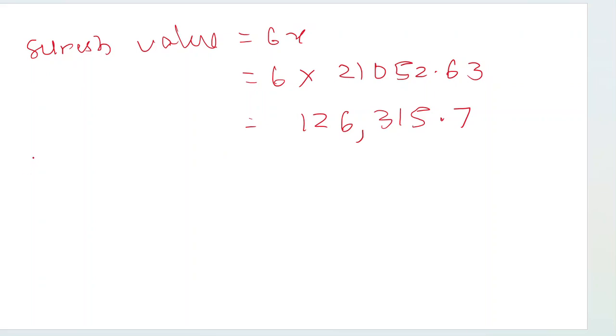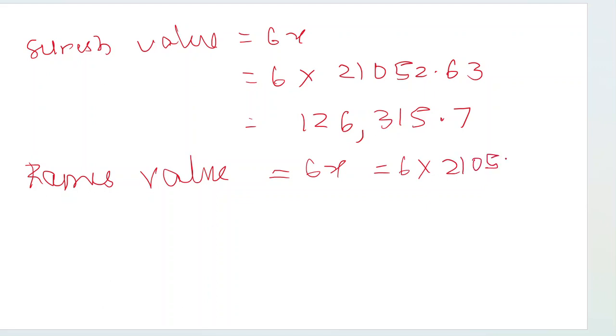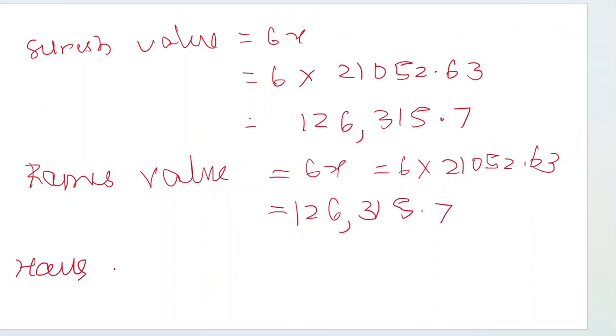Similarly, Ramesh's value was also 6x, so it will also be 6 into 21,052.63, which is 126,315.7. Similarly, you have to find Harish's value, which was known to be 7x, and you know the value of x, so that is enough to find.